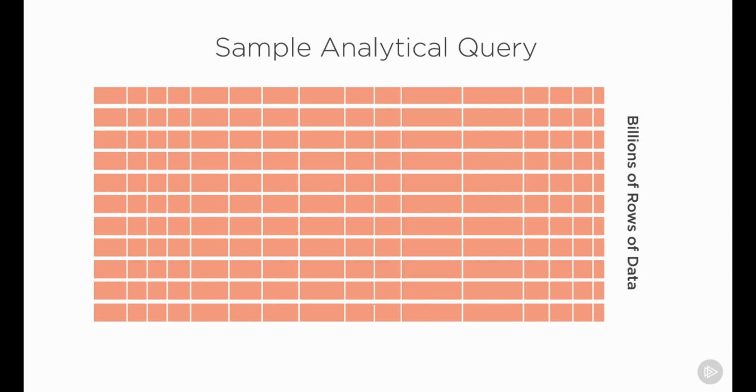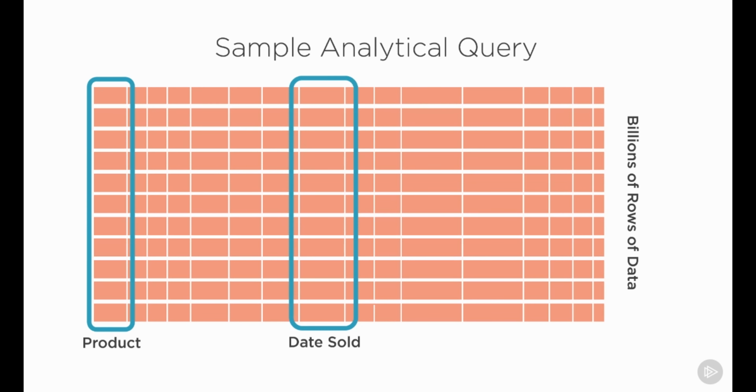Now to illustrate, consider this example. Here at Abacus, we have a business need to produce the most popular selling item in our inventory weekly for a given year. But we sell millions of products a day. In a row-based database, I would need to read in each block that contains data that is critical to my query.